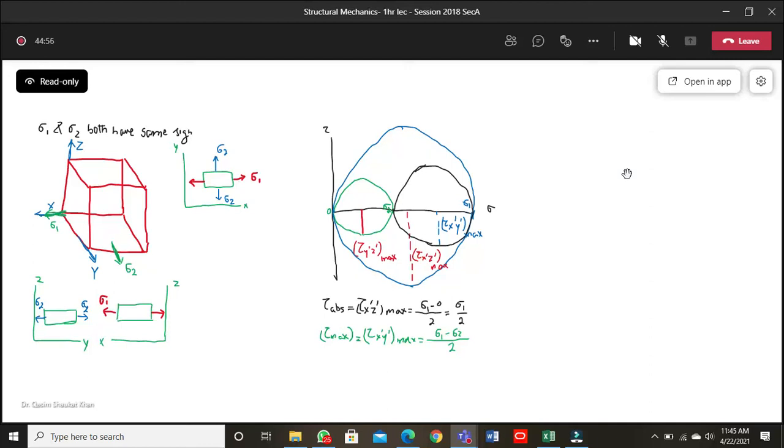In case 2, sigma 1 and sigma 2 have different signs.